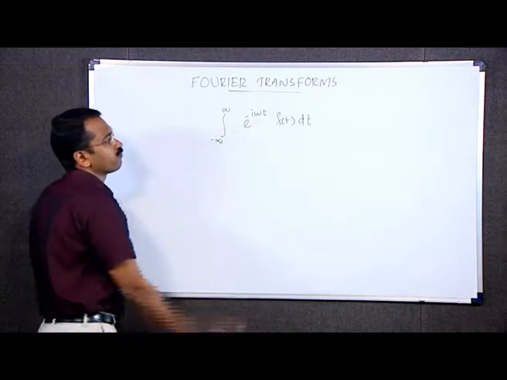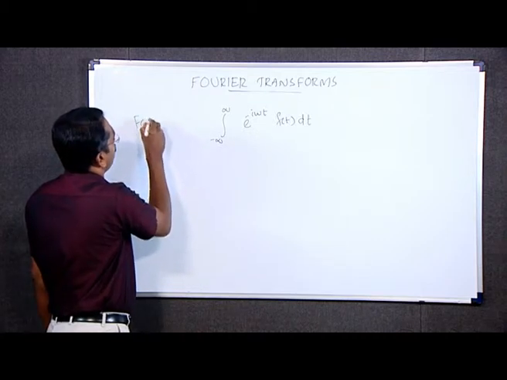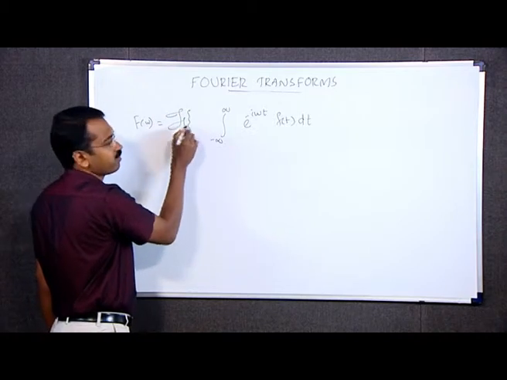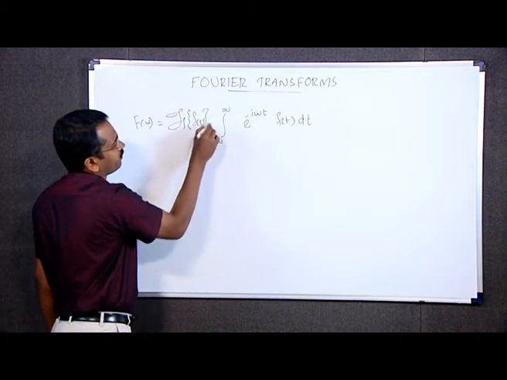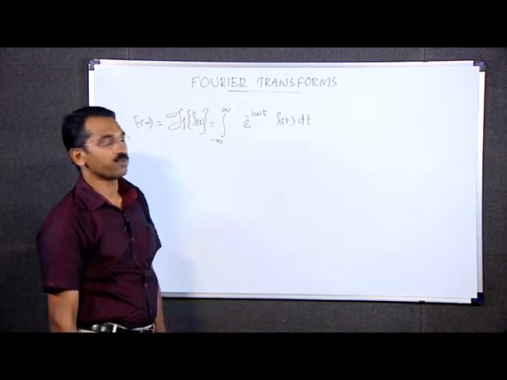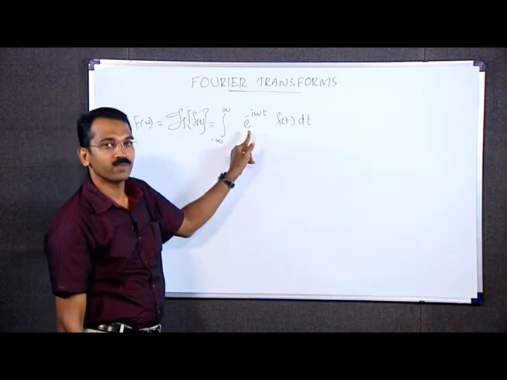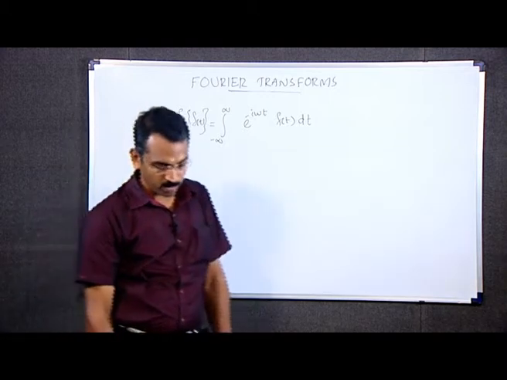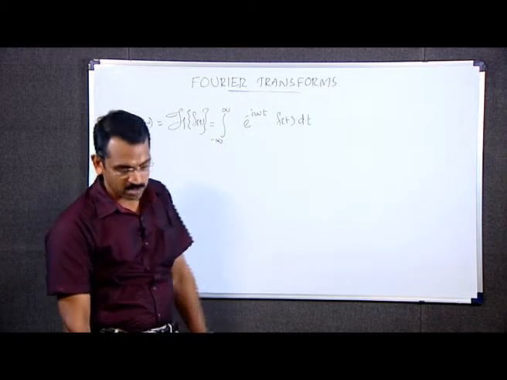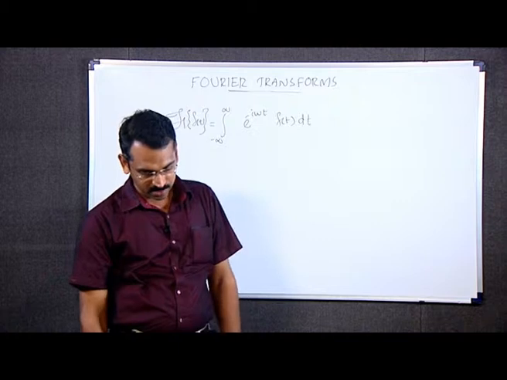It is a function of omega, and the notation is script F of f of t. This is the notation for Fourier transform, where f of t may be a real valued function or a complex valued function in t.